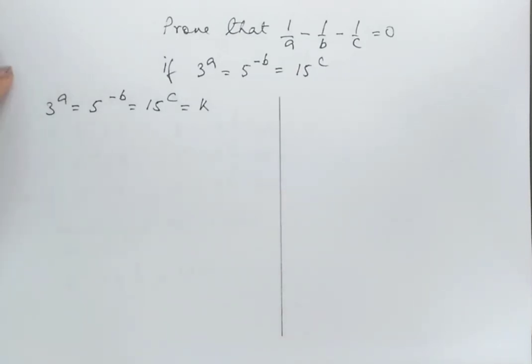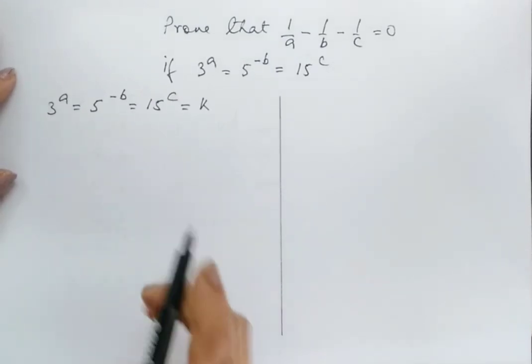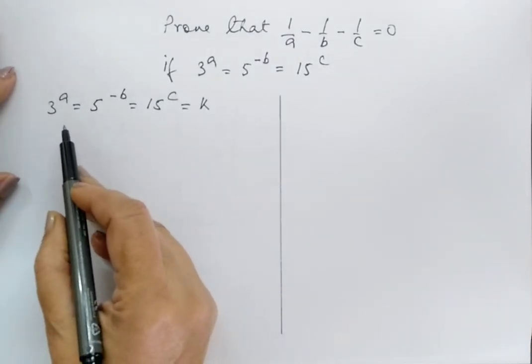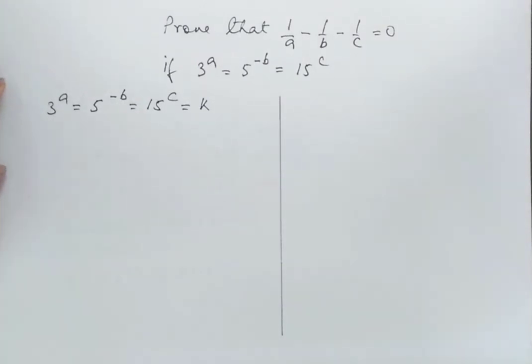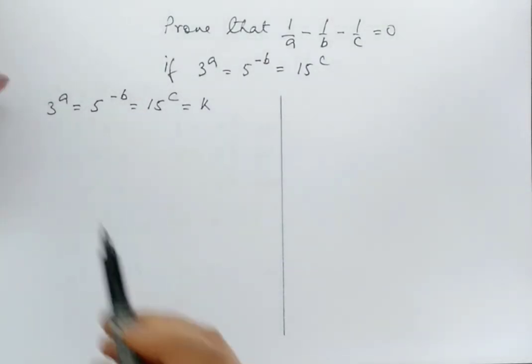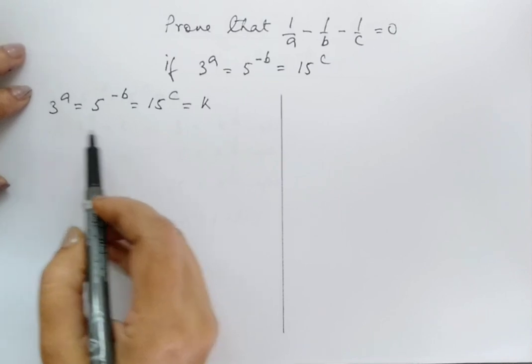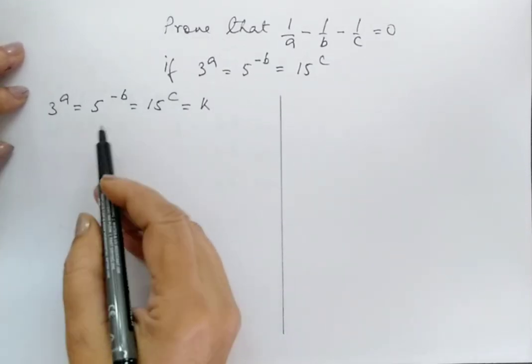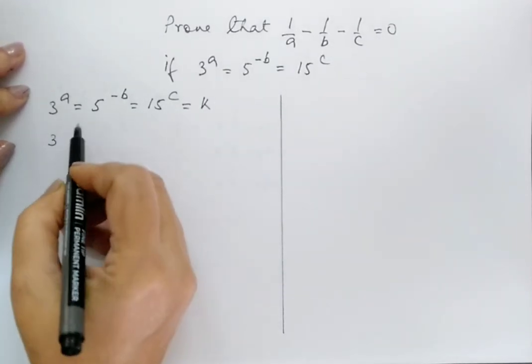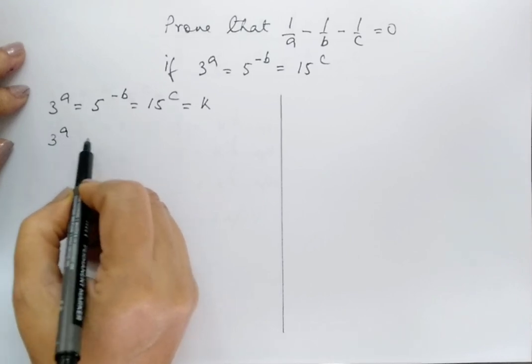So how does it help? Does it help us? Okay, so let's try and find out. We can write this way. Let's pull one at a time and try to refer in terms of k.